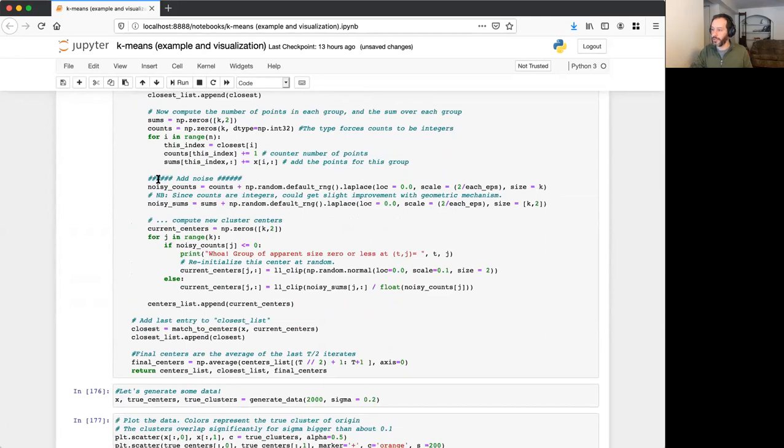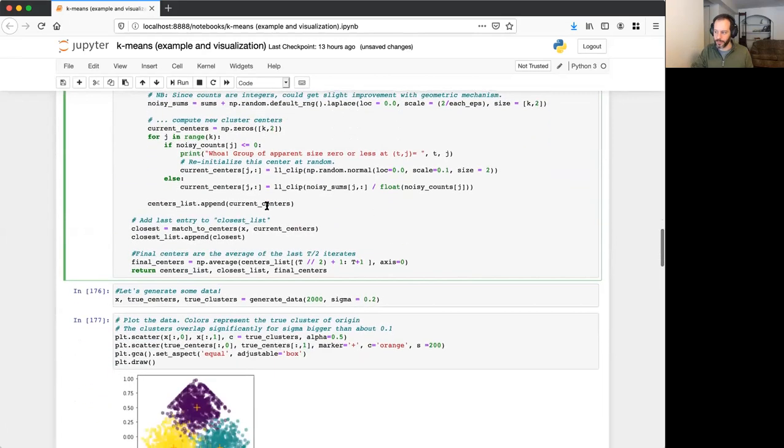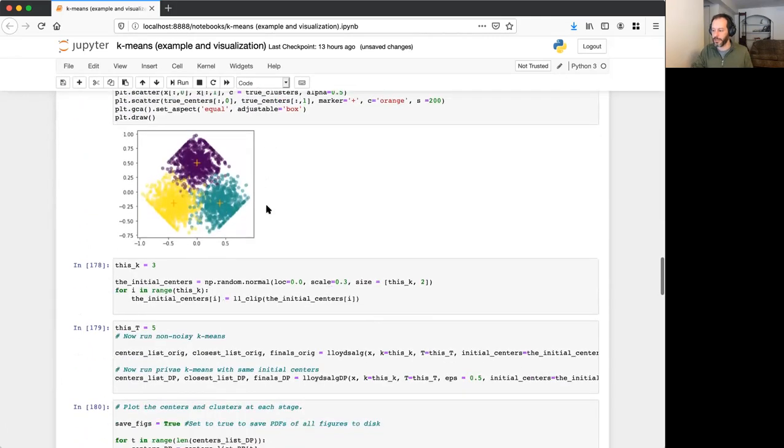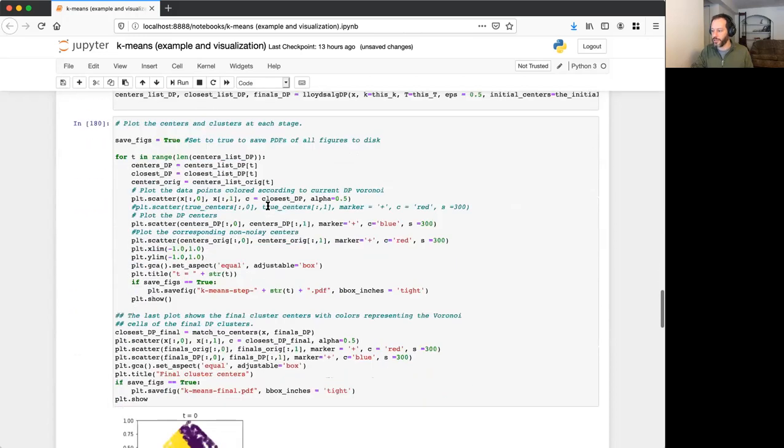I'll just say that it's pretty simple. The only place where we're doing anything tricky is we're adding Laplace noise to counts and sums. I have to confess, I use the default Python random number generator here, which is actually not very secure. So this is definitely not production quality code, but at least it's enough for you to understand the general gist of the algorithm. And I'll just show you some pictures.